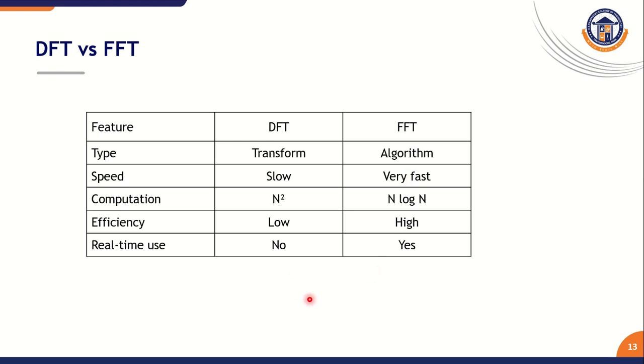Both give the same output, but FFT is preferred in practical systems. So DFT is the direct mathematical transform, and FFT is an algorithm to compute DFT, not a separate transform. Hope you got the idea of DFT versus FFT.